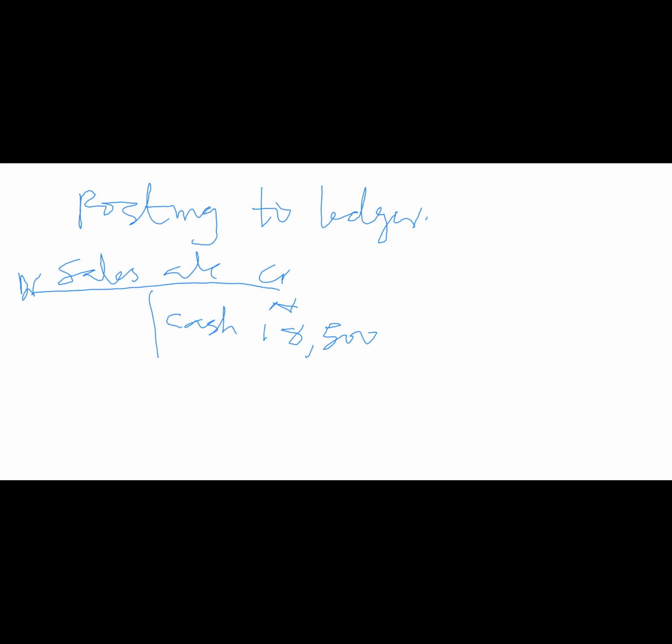So trial balance is always extracted from the ledger. So we are posting the ledger now. After preparing your cash book, you prepare your ledger. Then after the ledger, you can now prepare the trial balance. Do you get it now?